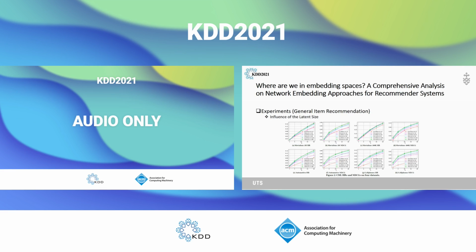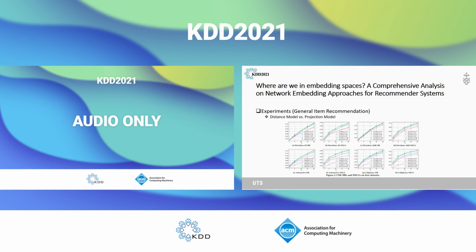However, as the latent size increases to 50 and 100, the performance of Euclidean space becomes comparable with hyperbolic space. This is consistent with our hypothesis that the performance of hyperbolic space is better than Euclidean space when the latent size is small, but as the latent size increases, the performance of Euclidean space becomes comparable with hyperbolic space.